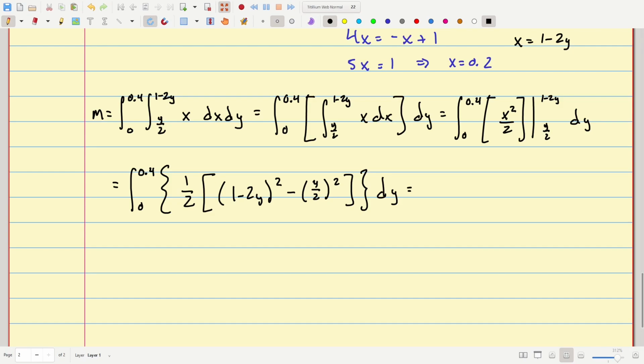Okay, a little bit of algebra to do. We can actually take that 1/2 all the way to the outside. Okay, we expand the expression.